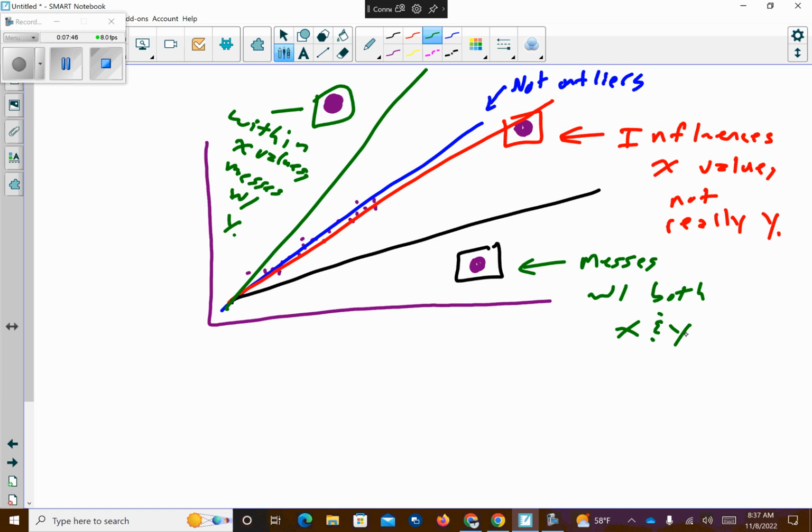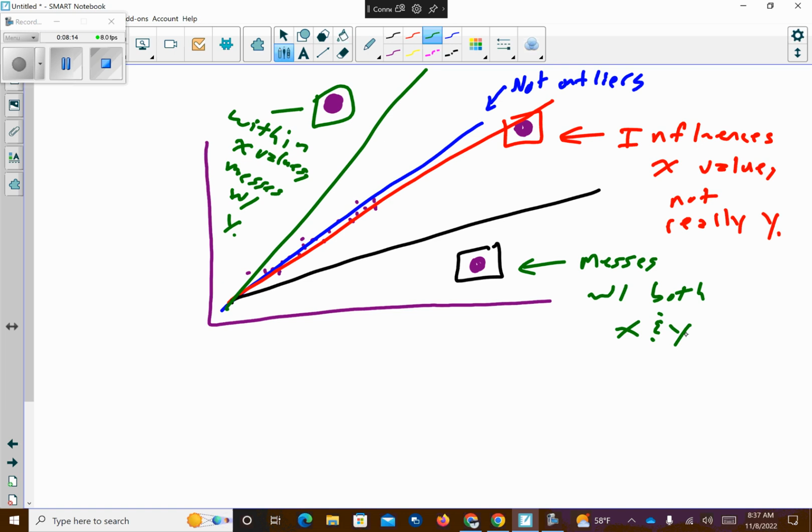Let's say someone was converting their 5'10" to inches, but they accidentally converted it to centimeters. Okay, because the centimeter is a smaller unit of measure than an inch. So that might cause an outlier, which means you could then correct that outlier. Okay, you could convert from centimeters back to inches if you just did a little dimensional analysis.